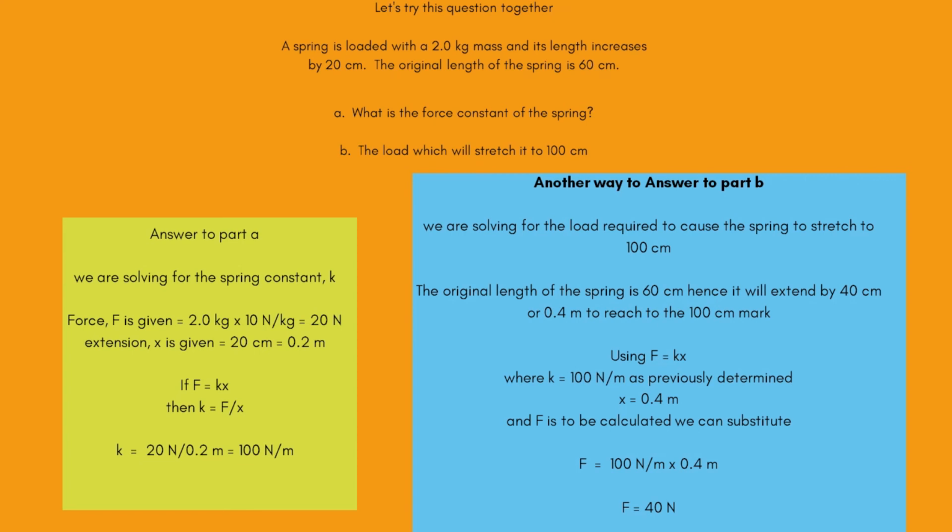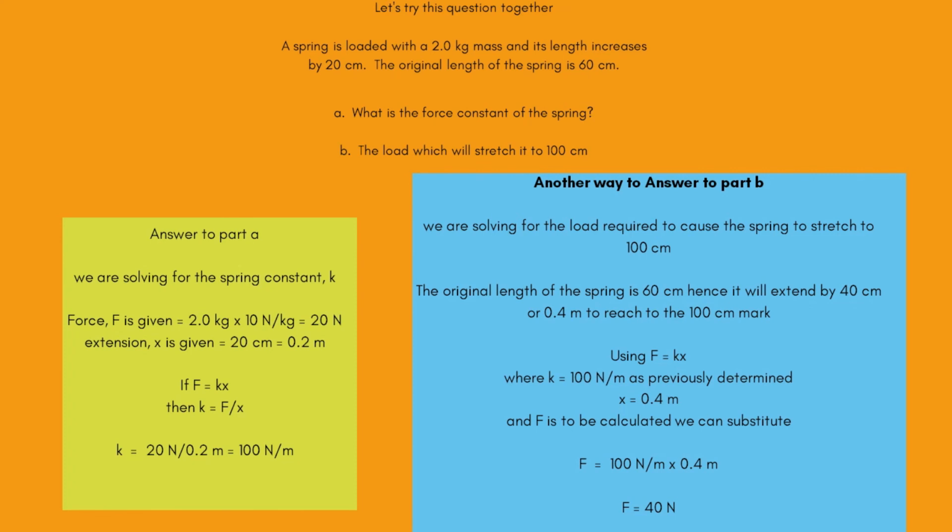Here's another way to answer part B. We are solving for the load required to cause the spring to stretch to 100 centimeters. The original length of the spring is 60 centimeters, hence it will be extended by 40 centimeters or 0.4 meters to reach the 100 centimeter mark.